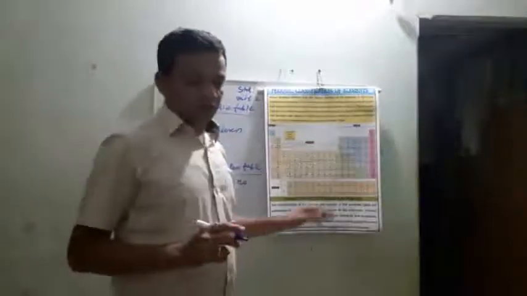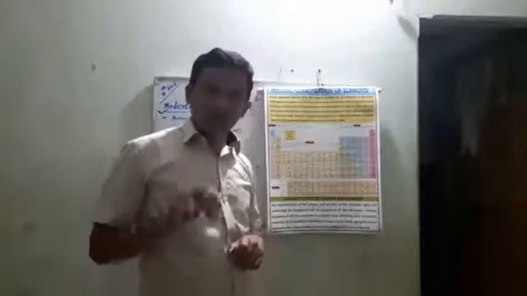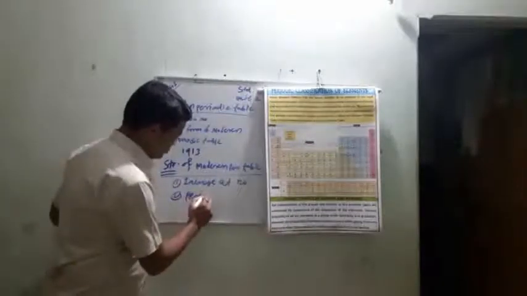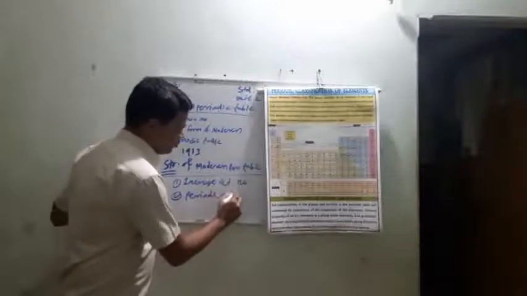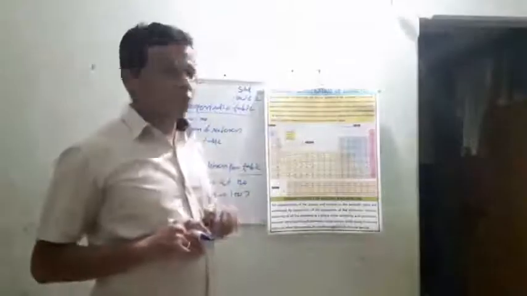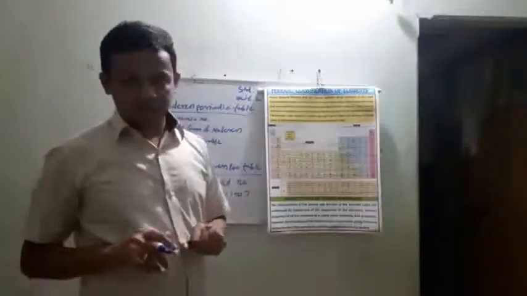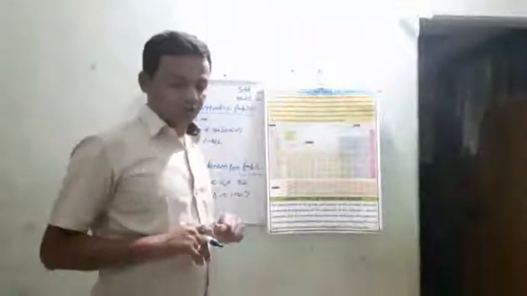Now the second one. If you observe this modern periodic table, you can see in your book that this modern periodic table is also given. There are 7 horizontal rows, and these rows are called periods. So the second thing is periods, that is 1 to 7. So 7 horizontal rows are given in this modern periodic table, which are known as periods, and their numbers are 1 to 7.